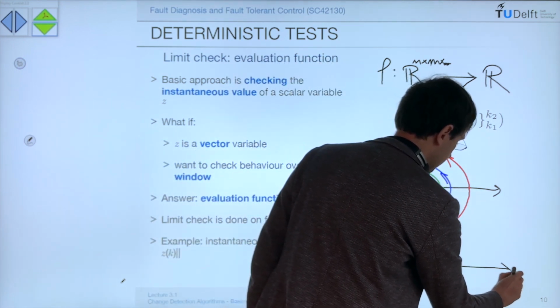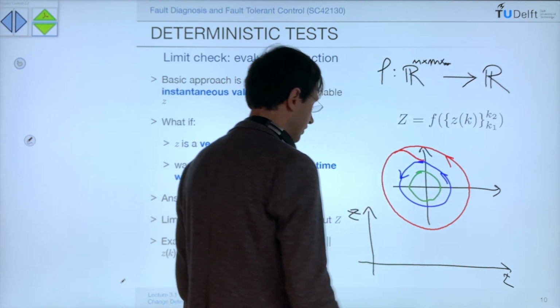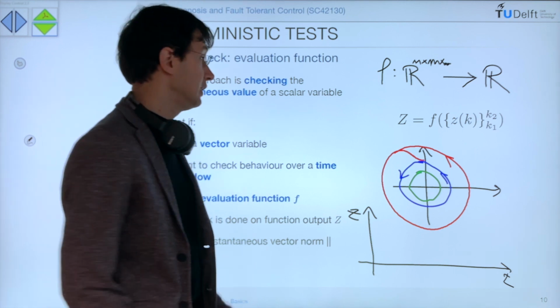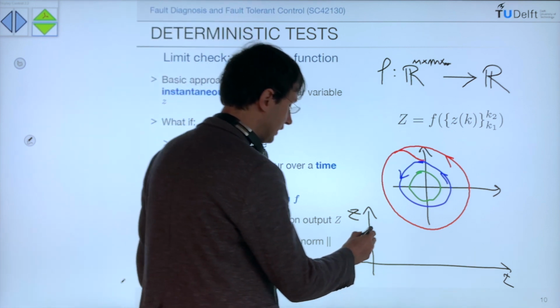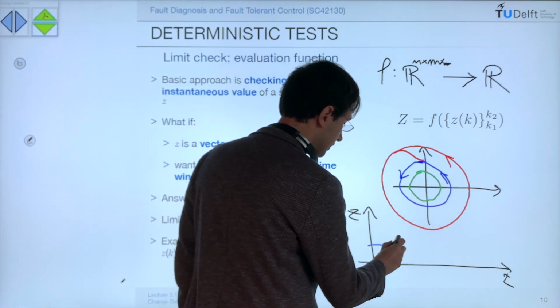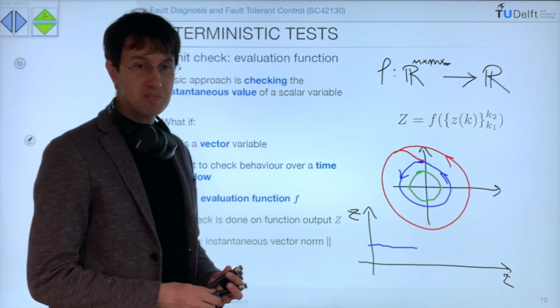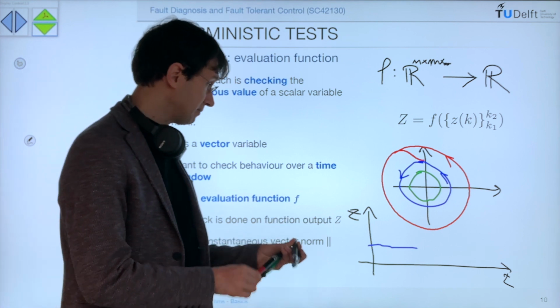So if we look at a plot over time of this big Z, so the result of evaluating the function f over the small z, what we expect is that we have first a low value. So this corresponds to the radius of the normal orbit.